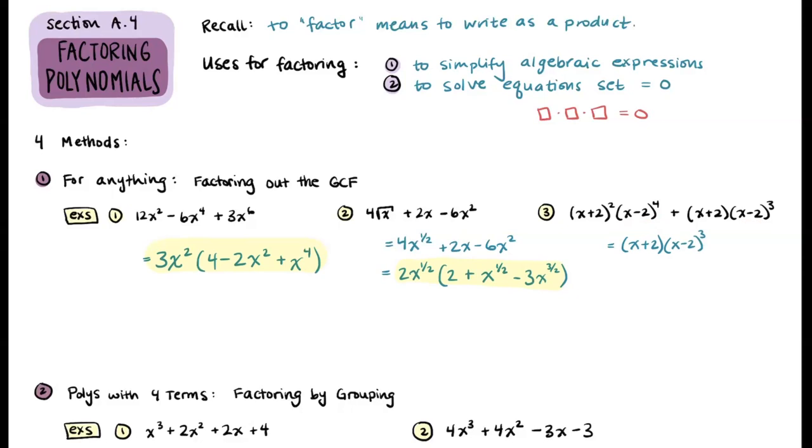Now what we have left over: we'll have an x plus 2 to the first left because we only took out an x plus 2 to the first. And here we'll have an x minus 2 to the first left as well, times the x plus 2 factor, because we took out x minus 2 to the third. So here we're going to have x plus 2 times x minus 3. I'll just move that over a little bit.